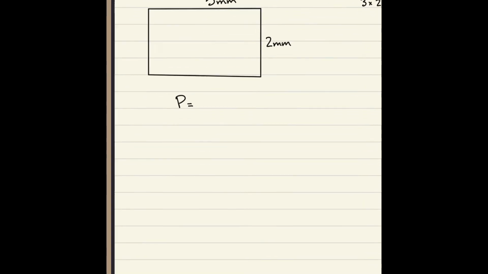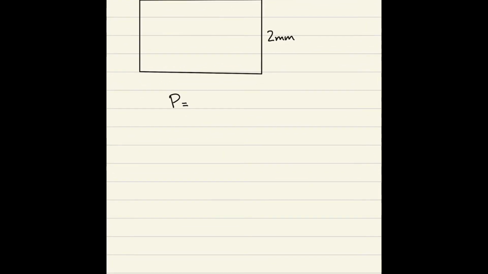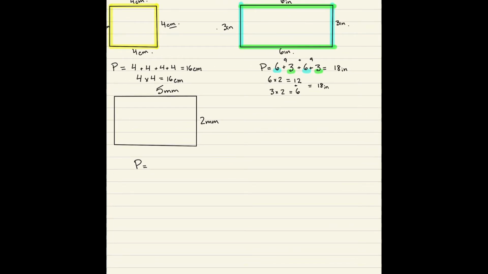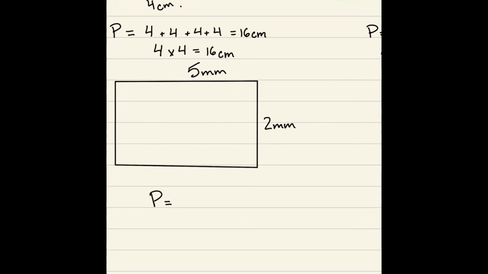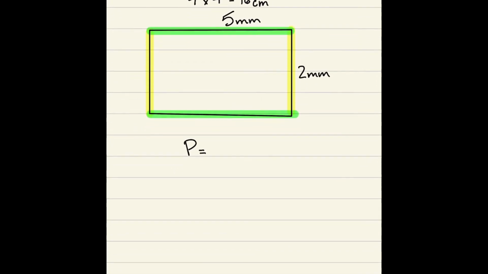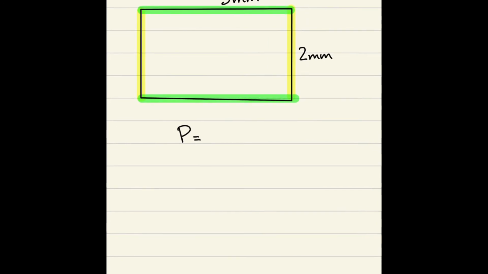Fantastic. Okay, we're going to try a problem that's a little bit more tricky only because it only gives us 2 of the sides. So this one, we're going to have to go back to what we just did in this problem and use what we know, which is that in a rectangle, opposite sides are equal to each other. So that means that this side is equal to this side, and this side is equal to this side. So because we know that, we can fill in our extra information.